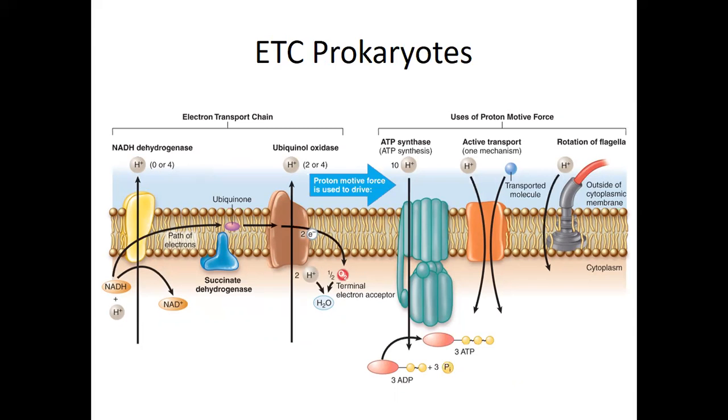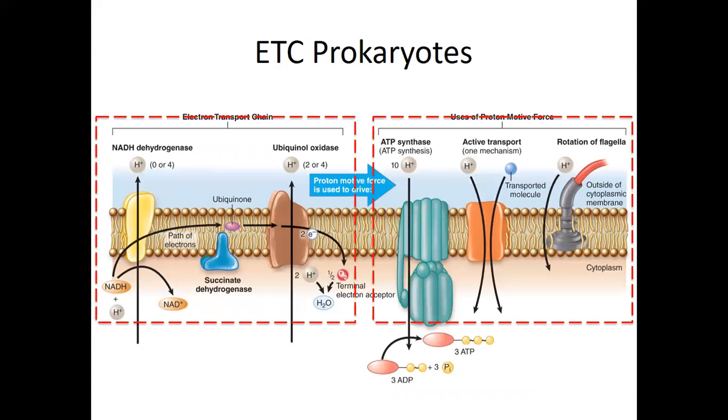And then here's one of the big differences, all right, is that not only can this proton gradient be used for ATP synthase, it can also be used for active transport. So you are basically coupling different molecules to these hydrogens, or not coupling, you don't actually attach them, but you're using the fact that these hydrogen ions want to rush in to your advantage to co-transport other molecules, which we do see similar functions, although not from the proton gradient that's established in the mitochondria, but we do have similar mechanisms in eukaryotic cells.